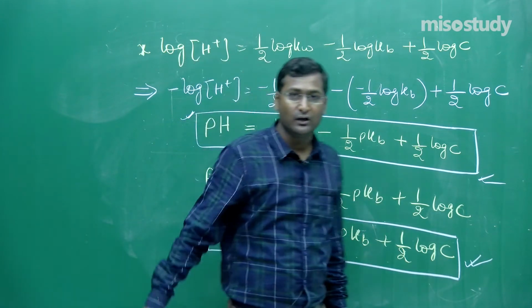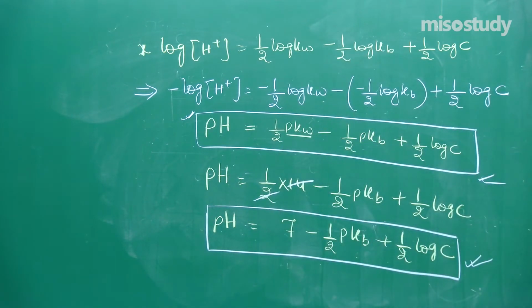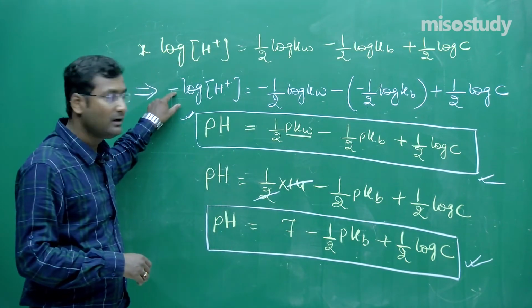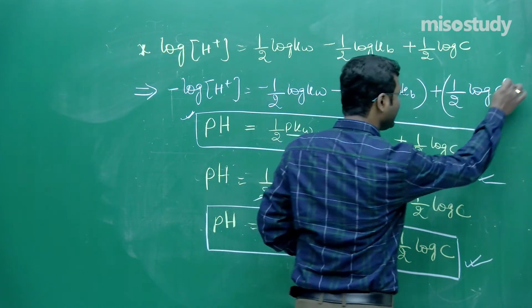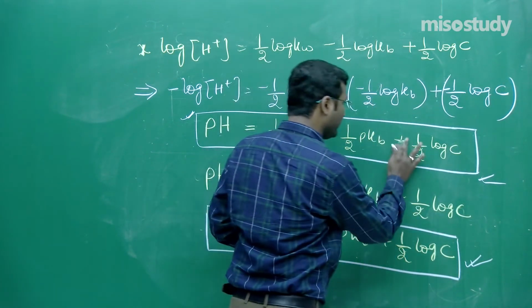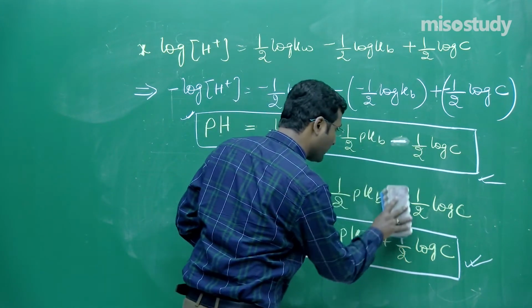Friends, I am giving you a few seconds, note it down. I think you have noted it down. One thing I have to mention: if I take the minus sign, you have to convert all the terms. Here you have to write plus and take the minus sign.